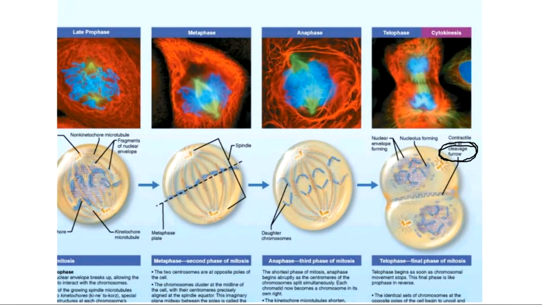The first way we could ask the question would be, which part of the cell cycle is this cell in? That'd be the first way I could ask that question. The other way I could ask the question is, which phase of mitosis is this cell in?